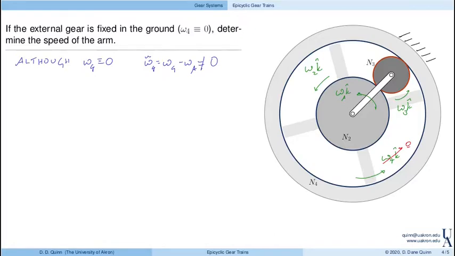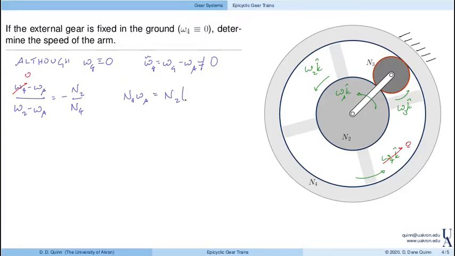So going back and thinking about what we had before, omega 4 minus omega arm divided by omega 2 minus omega arm is equal to minus n2 divided by n4. Well, omega 4 is equal to 0. So we can solve for omega arm. Right? In particular, let's go into a little algebra here. So on the right-hand side, we'll have n4 times omega arm. I brought the minus n4 to the left side. I'll take this and put it on the other side.